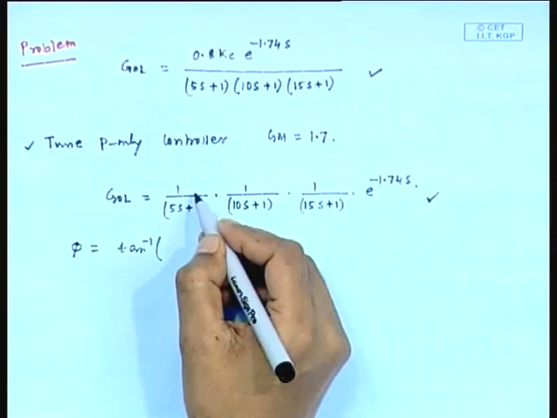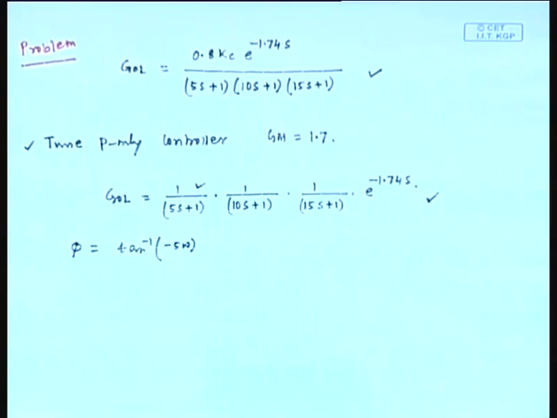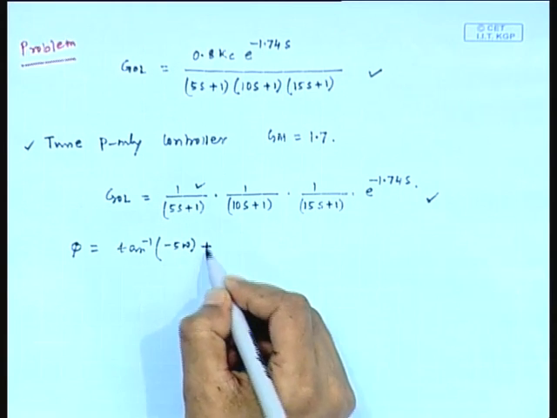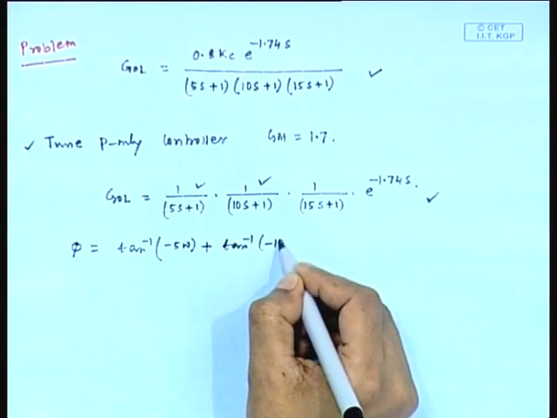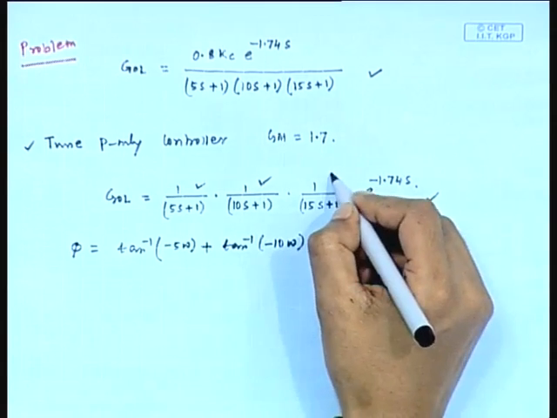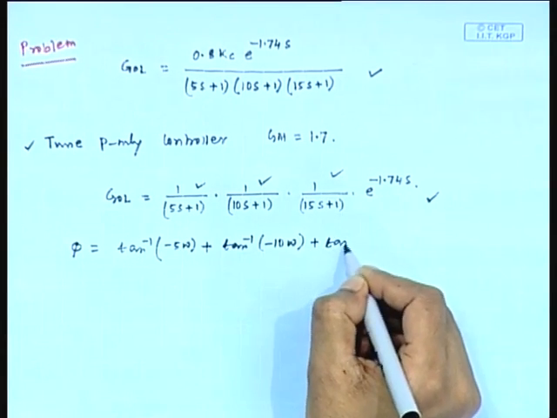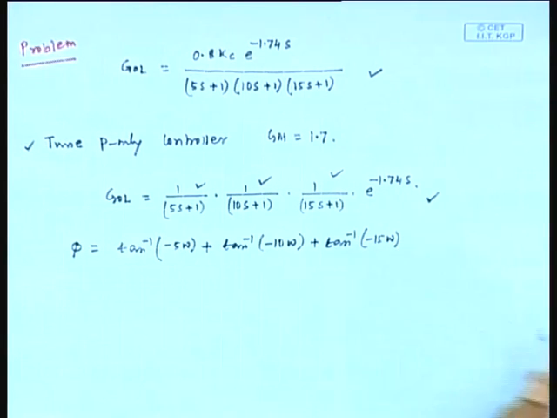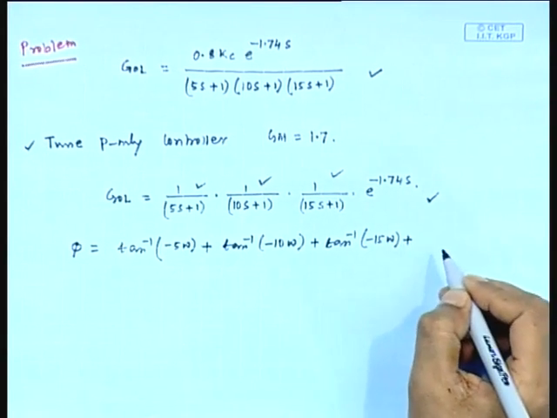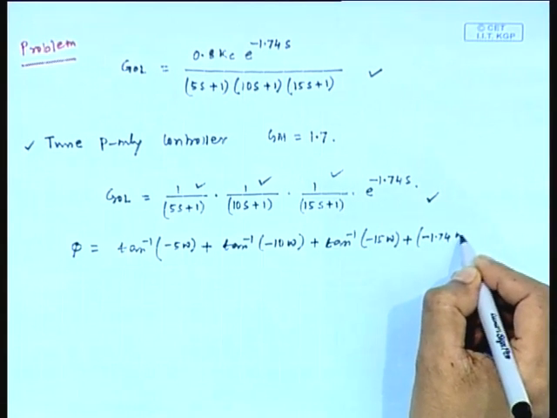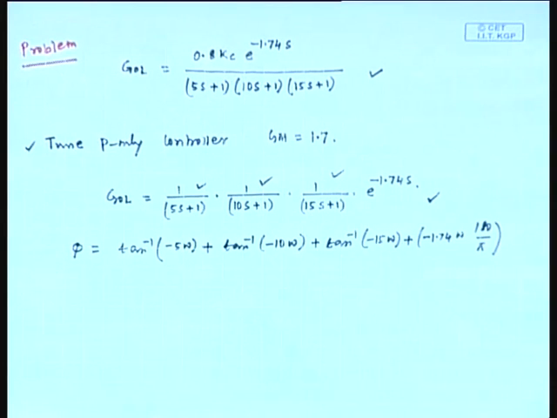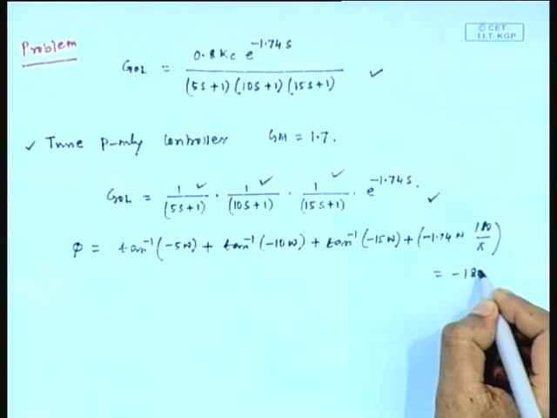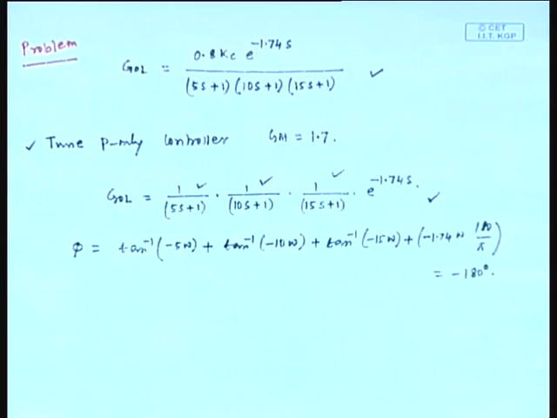So, for this first order system tan inverse minus 5 omega, for the second first order system tan inverse minus 10 omega, for this first order system tan inverse minus 15 omega, and for the dead time part minus 1.74 omega, multiplied by 180 divided by pi, and we can write this is equal to minus 180 degrees. Agree?